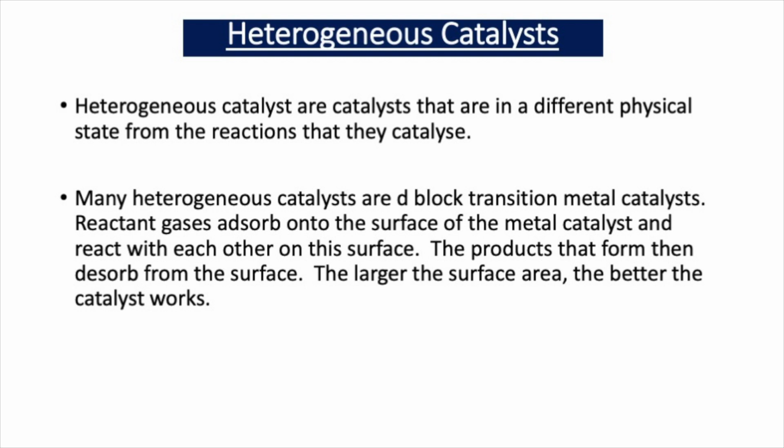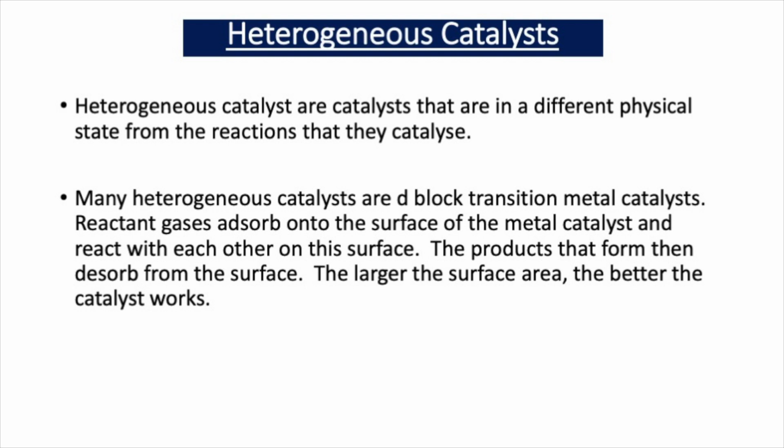So many heterogeneous catalysts are d-block transition metal catalysts, and the way they work is that reactant gases adsorb onto the surface of the metal catalyst. So they stick to the surface of the metal catalyst and they react with each other on this surface. Now, the products that form then desorb from the surface, they leave the surface, and the larger the surface area, the better the catalyst works.